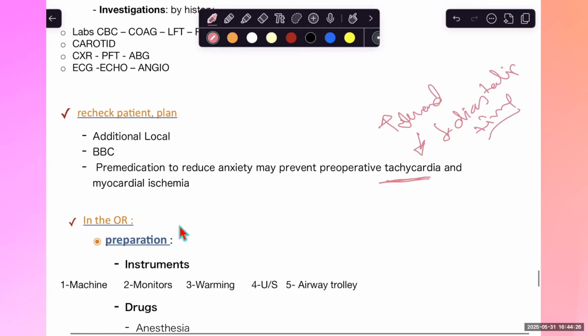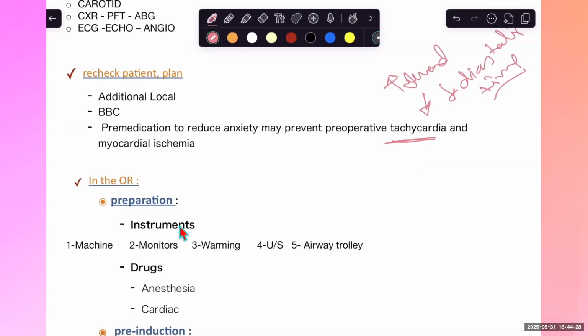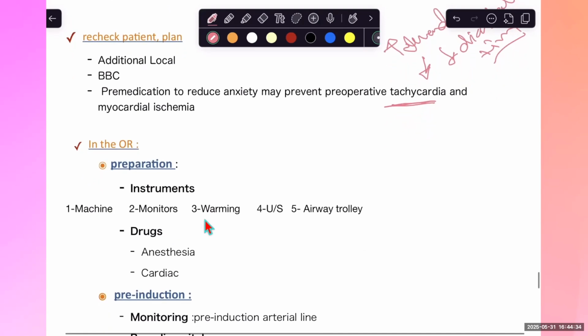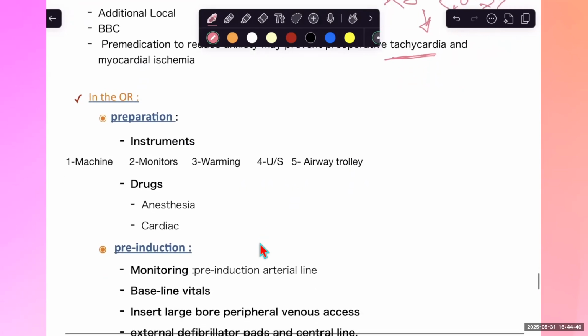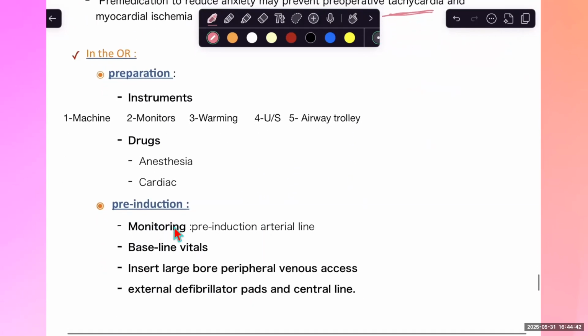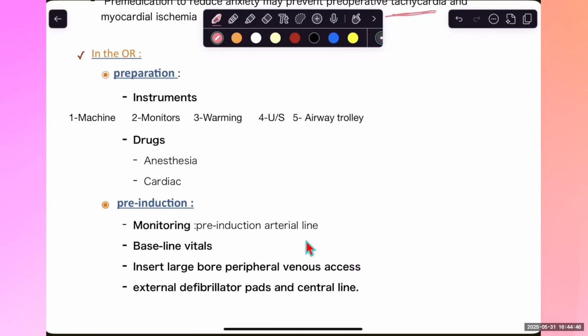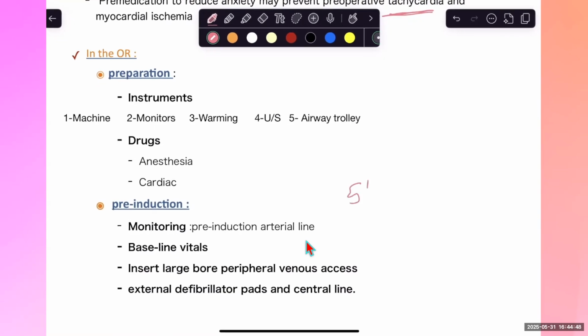Okay. Now you saw everything. You saw the patient and you push the patient to the OR. Prepare your OR: anesthesia machine, monitors, warming blanket, ultrasound, airway trolley. Prepare your anesthesia drugs and the cardiac drugs. Pre-induction monitoring: we have the standard monitoring, 5-lead ECG.